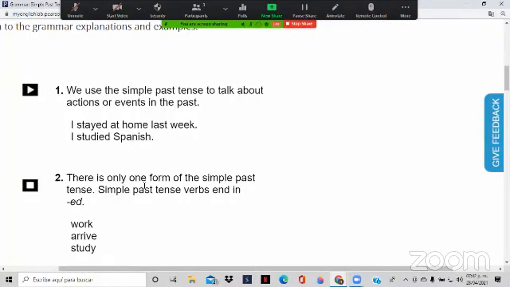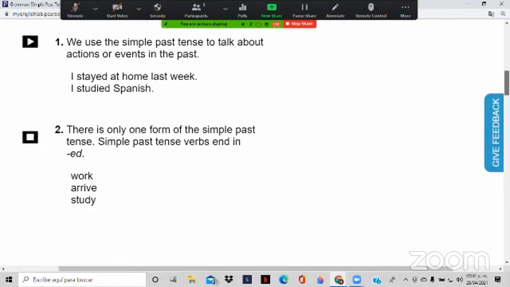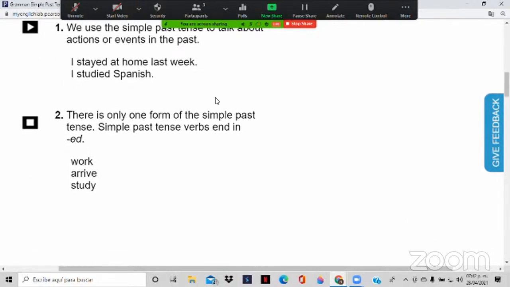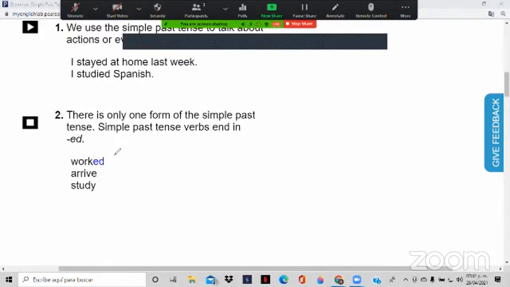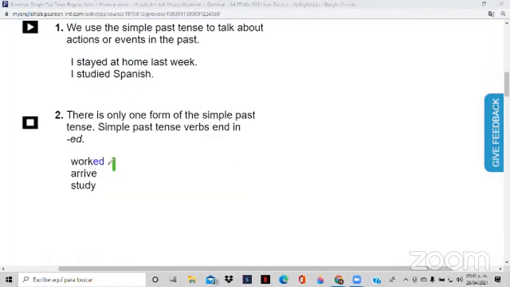There is only one form of the simple past tense. Simple past tense verbs end in ed. Work. Worked. Arrive. Arrived. Study. Studied.